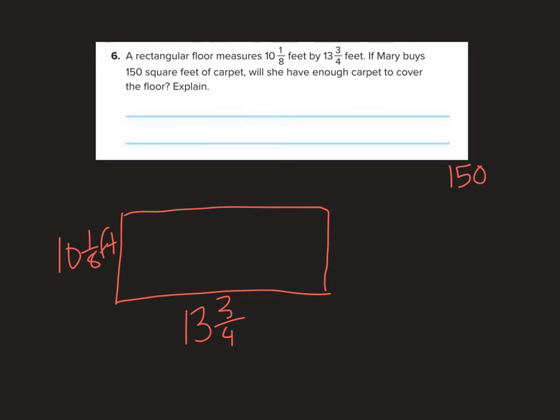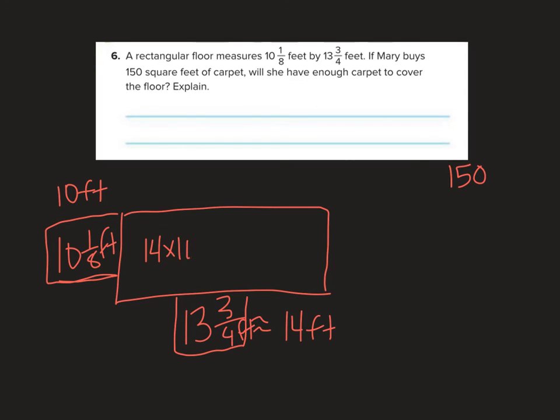Okay, so 13 3/4 is about 14 feet. Sorry, I should have feet there too. And 10 1/8 is about 10 feet. So if I take 14 times 10, that will tell me the area or how much carpet I need to cover this rectangular floor.